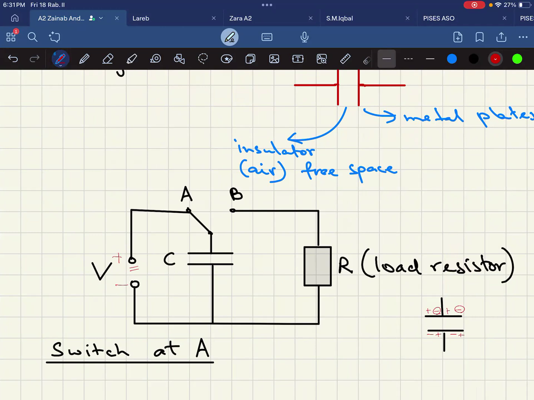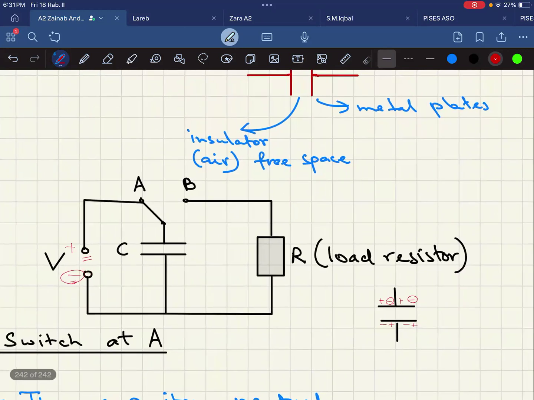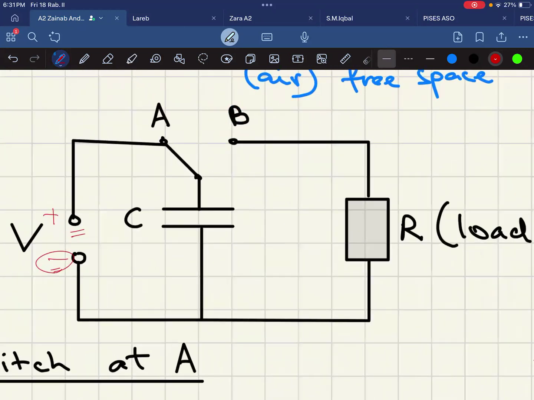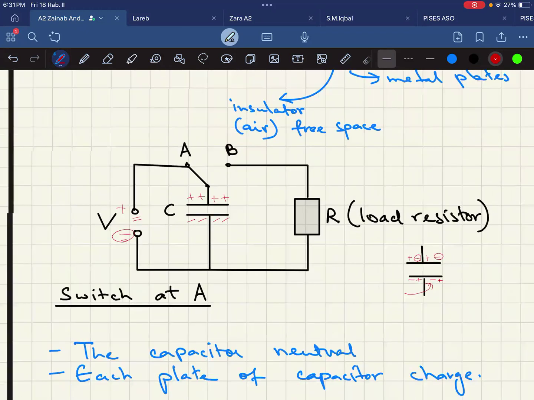On the other side, electrons will leave from here and go to this plate, making this plate negatively charged. I'm going to show the charges like this: negative, negative, negative, negative, positive, positive, positive, positive. This is how a capacitor is charged.